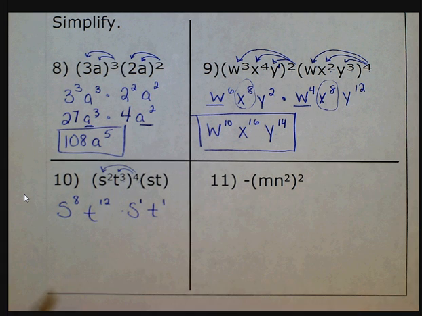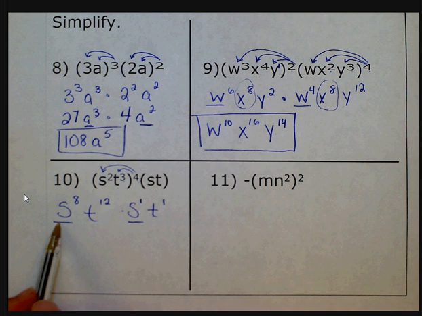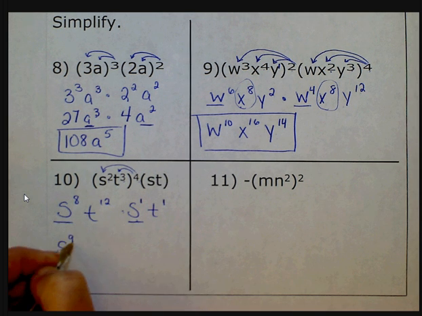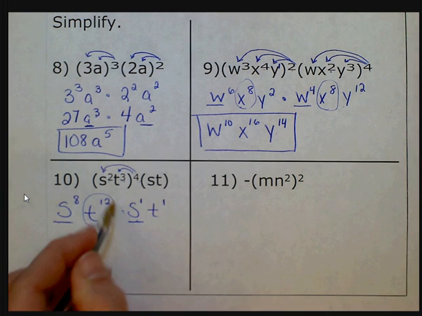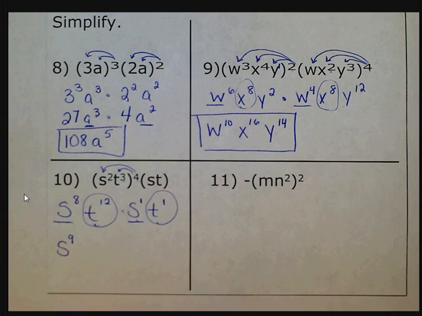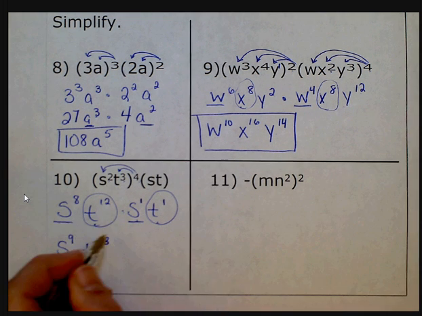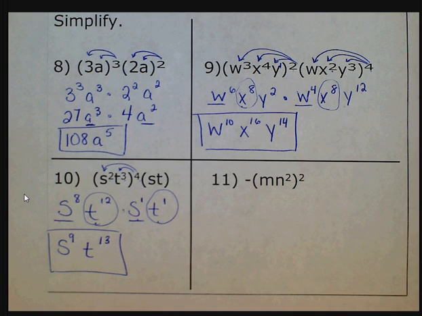So now I have to add my exponents for like bases. So s to the 8th times s to the 1st is s to the 9th. And t to the 12th times t to the 1st will be t to the 13th. So s to the 9th, t to the 13th is my final answer.